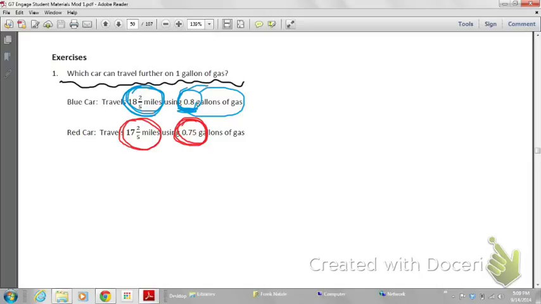Okay, so go ahead and pause and come to a conclusion: which car can travel further on 1 gallon of gas? Remember this, 1 gallon of gas. Okay?